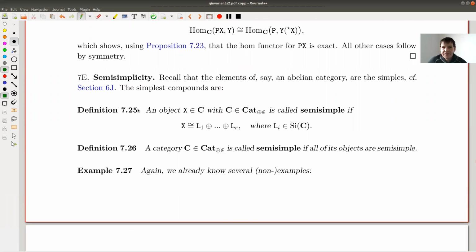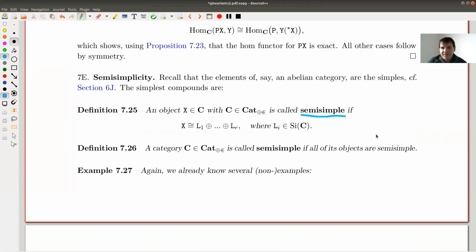Rather, let me go to something better, or easier, whatever. Because you might wonder in what sense actually simples and indecomposables coincide. And the right notion is for a category to be semi-simple.